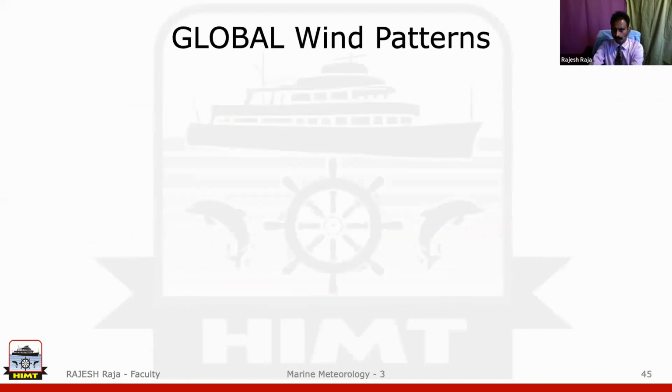Let us go to the next topic called global wind pattern, which is happening all over the globe, with few exceptions. The exceptions are because you don't have a continuous patch of water or continuous patch of land. It breaks. So you might have some deviations, but we'll look only at the general pattern, how this came about.